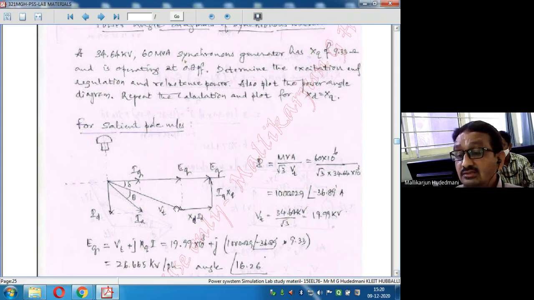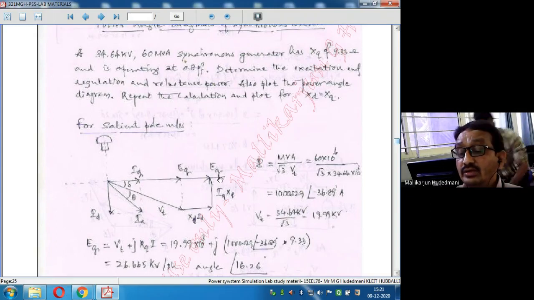It means at the tip of the drop due to the direct axis component, then comes the quadrature axis drop. When I add, and join that point with the origin, you can see over here, this becomes the excitation EMF or internal voltage of the generator, Eg.